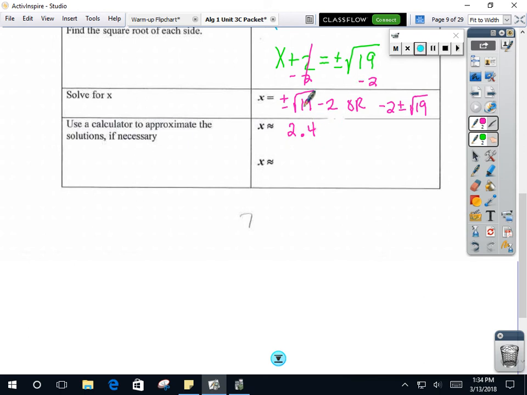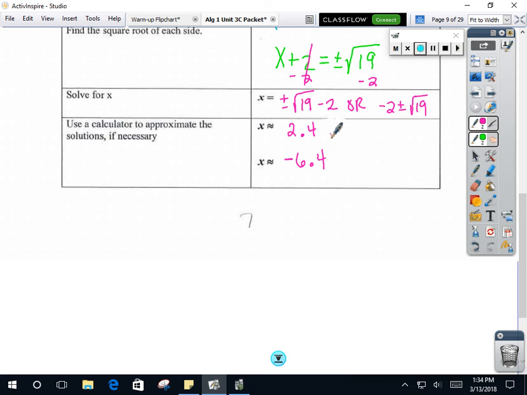And then you type in negative square root of 19 minus 2. And you get negative 6.4. That's why the plus or minus sign is so important, because it gives you 2 different answers. And we need 2 different answers because think about it. A parabola is a U shape, so isn't it going to cross the x-axis in 2 different places? So that's why we have 2 different answers.